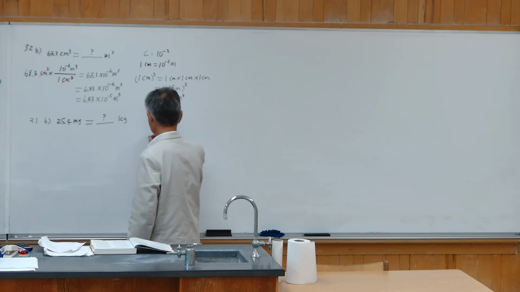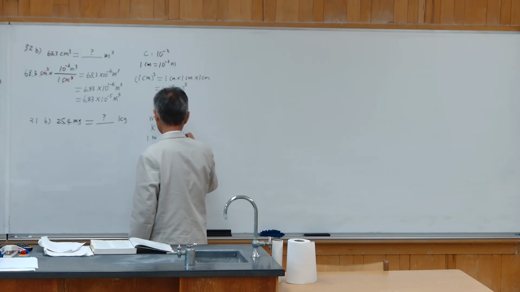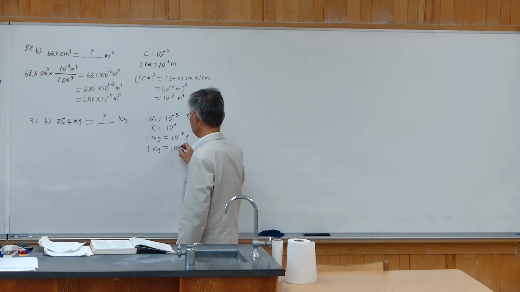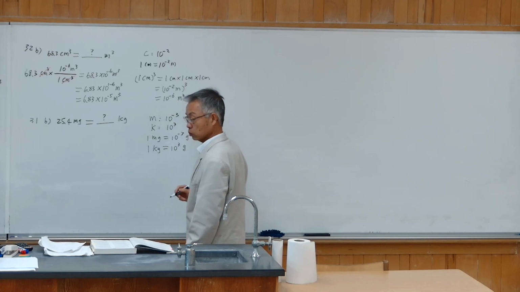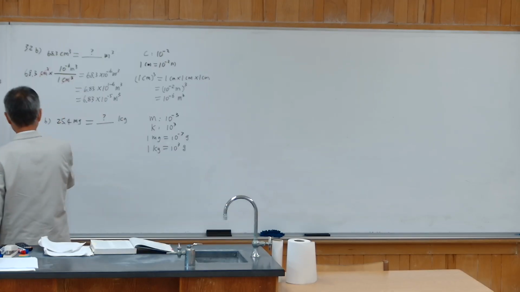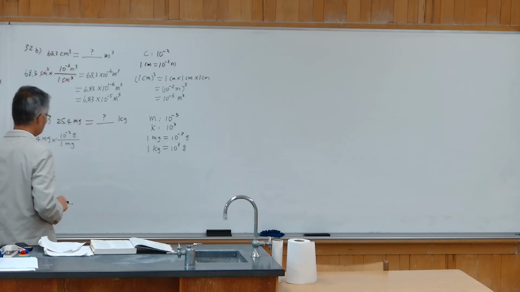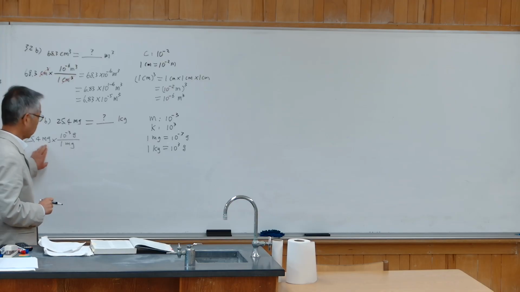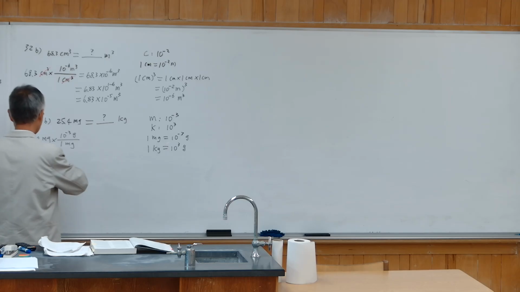So this means 1 milligram equals 10 to the negative 3 gram, or 1 kilogram equals 10 to the 3 power gram. Now, 25.4 milligrams, with 1 milligram equal to 10 to the negative 3 gram. The milligram must be on the bottom, so it cancels the milligram, leaving gram. First we convert to gram.